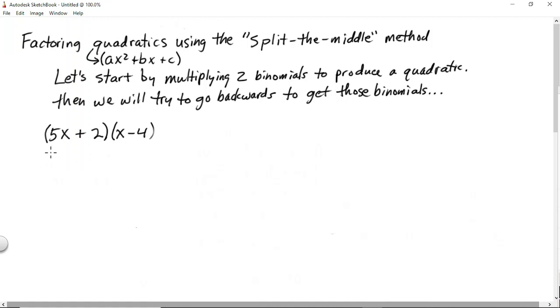Okay, so let's multiply this out. And then we combine like terms to get the middle term.